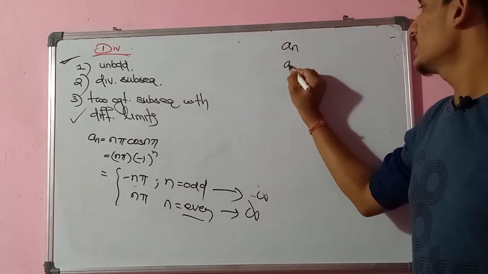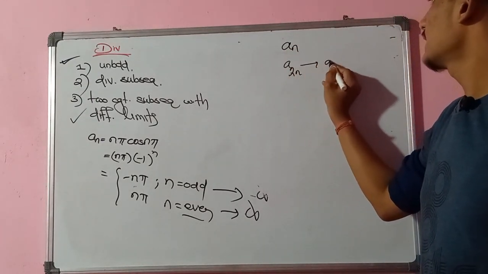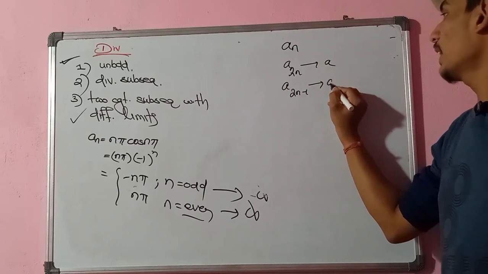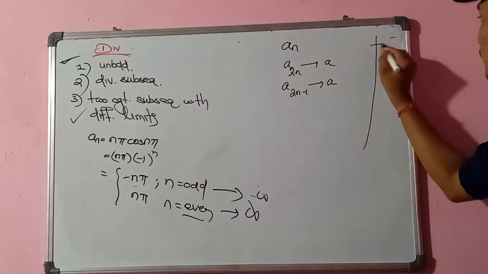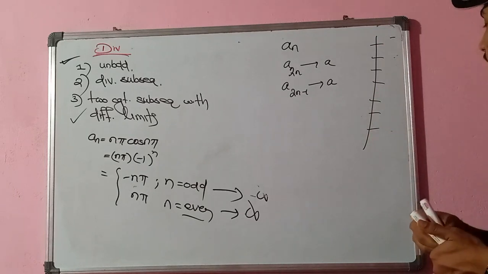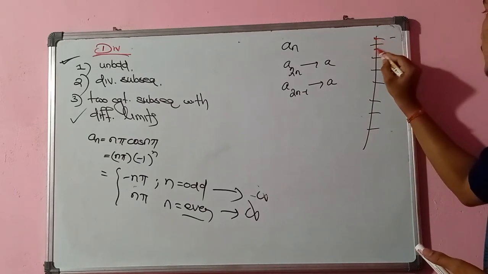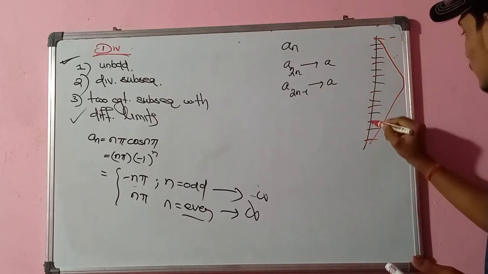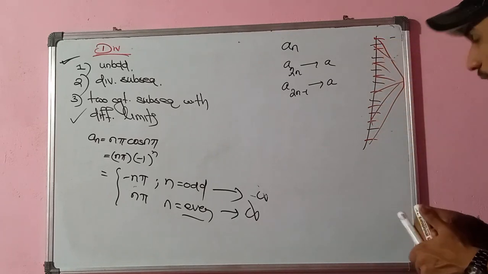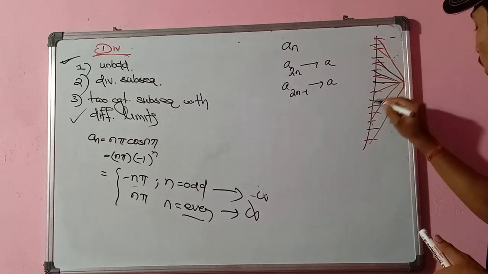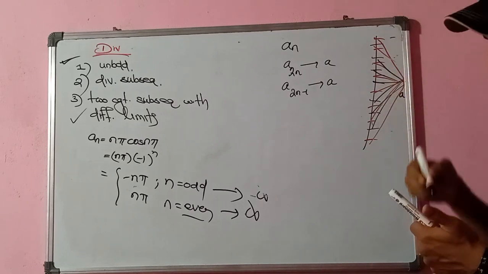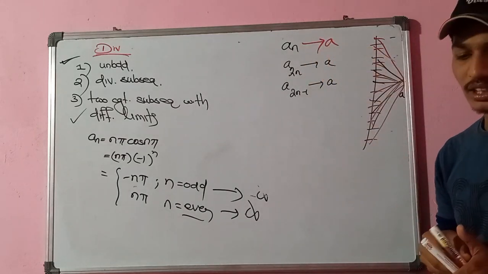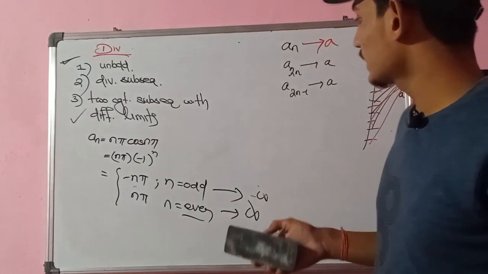If all the even terms of the sequence are converging to a number, let's say a, and also all the odd terms of the sequence are converging to the same number a, say the red ones are odd and the black ones are even, and all the subsequences are converging to the same number, then you can say that overall my sequence is converging to this same number a. Okay, so let's prove one thing by using this.